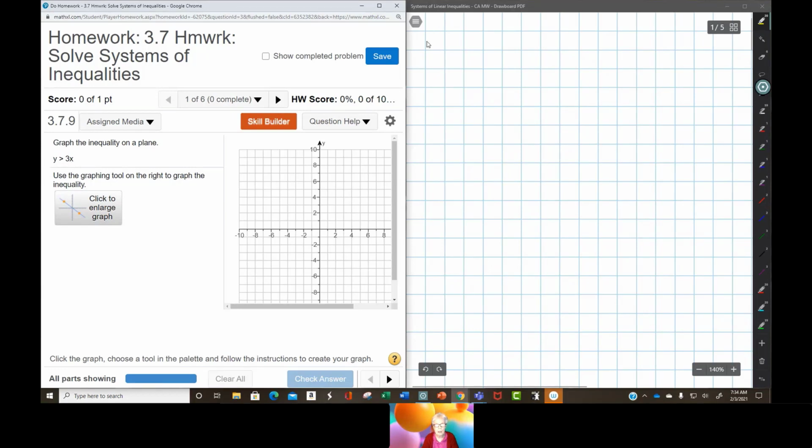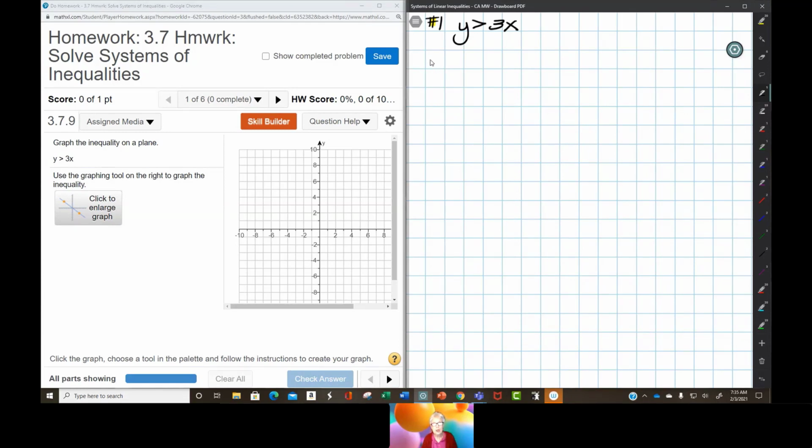So this is number 1 in your homework. All right, we're starting off with y is greater than 3x. Now there are 2 parts to graphing inequalities.